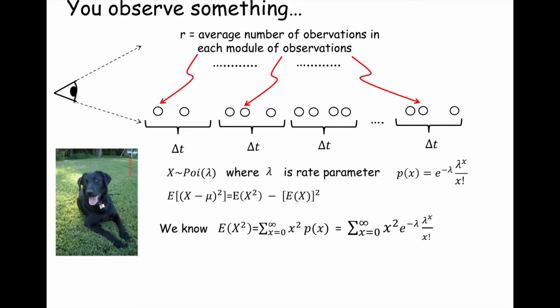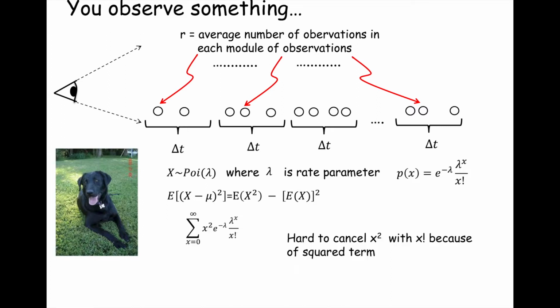Okay, so now we're going to do a little bit of manipulation and sort of tell you the answer up front: we're going to make use of the Maclaurin series again to reduce this for us. Okay, all right, so what are we going to do? One of the problems is that we want to cancel this leading x squared, but it's problematic because it's an x squared, but we have an x factorial in the denominator, right?